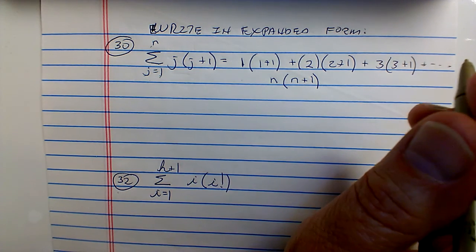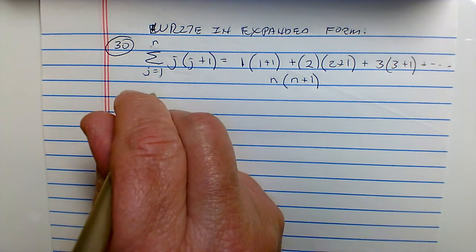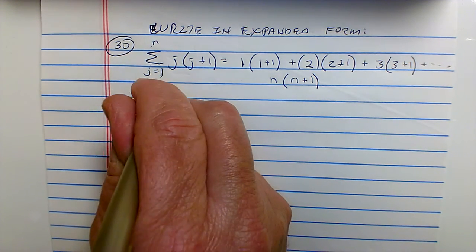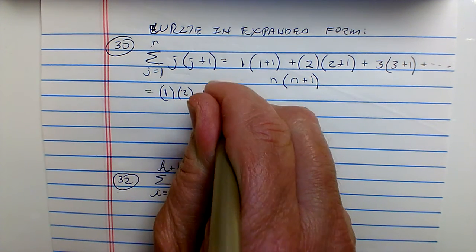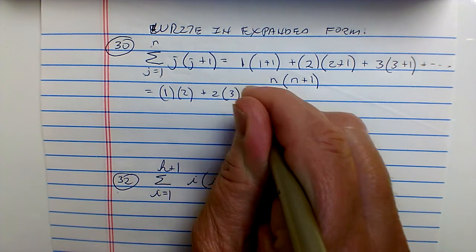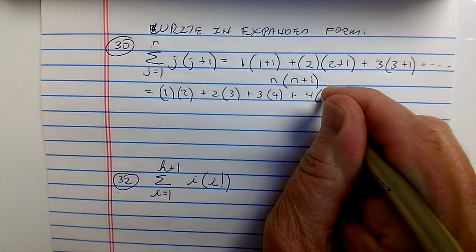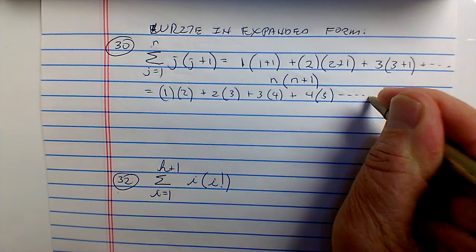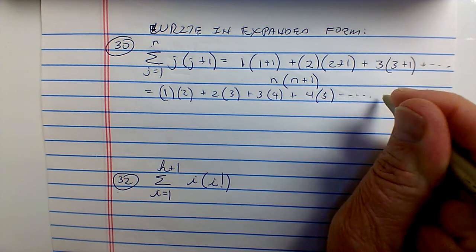Now, is it possible to simplify this? Well, what it's looking like is it's 1 times 2 plus 2 times 3 plus 3 times 4 plus 4 times 5 up to n times n plus 1.